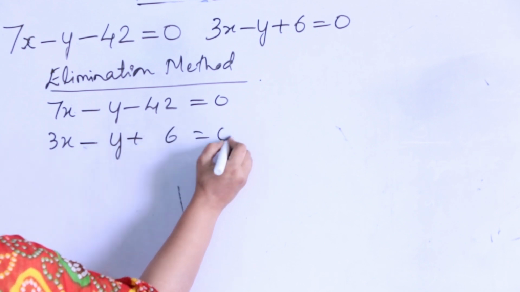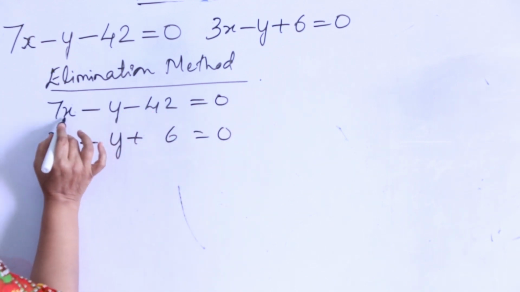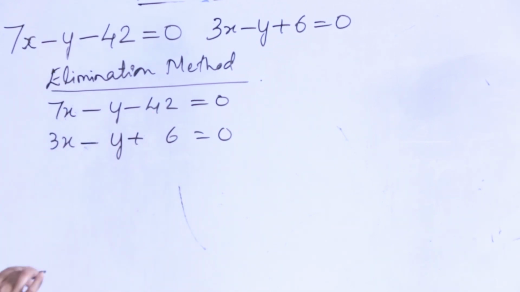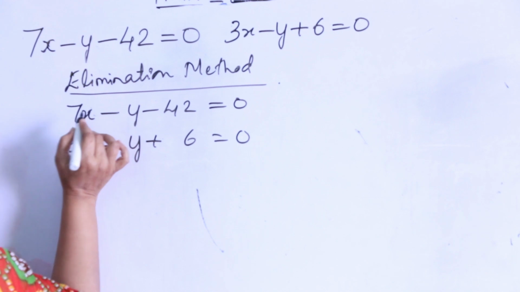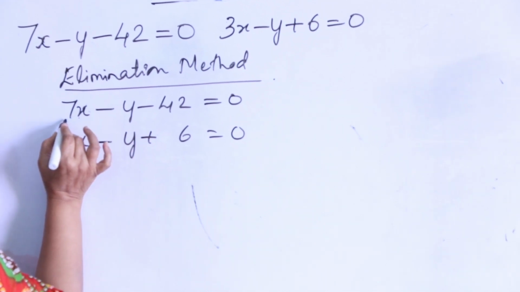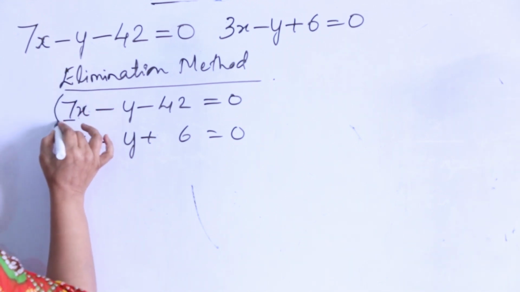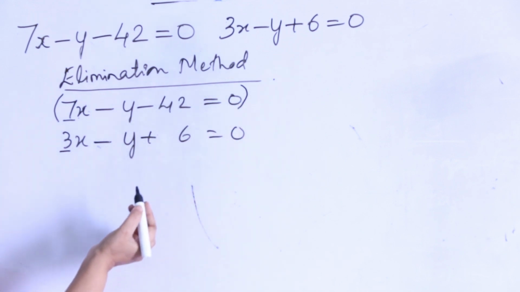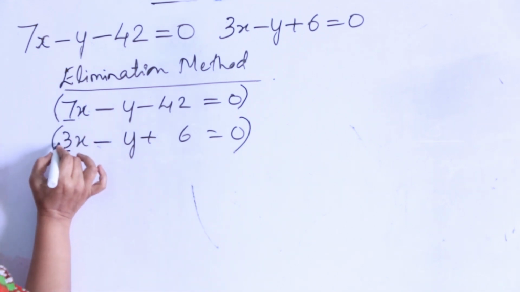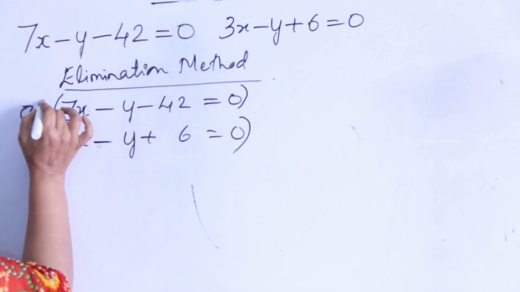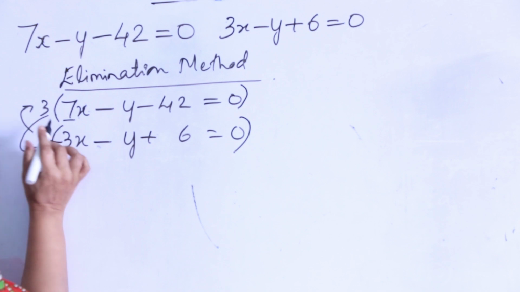minus y plus 6 equals 0. Here we can either eliminate x or we can eliminate y. You should see whichever is easier for you. If you are eliminating x, you mark the coefficient of this, bracket the entire equation, and multiply this equation by this coefficient and that equation by the other coefficient, which becomes 7.